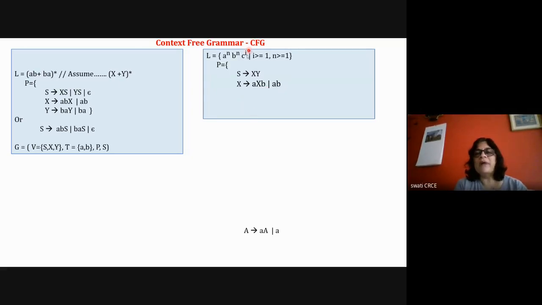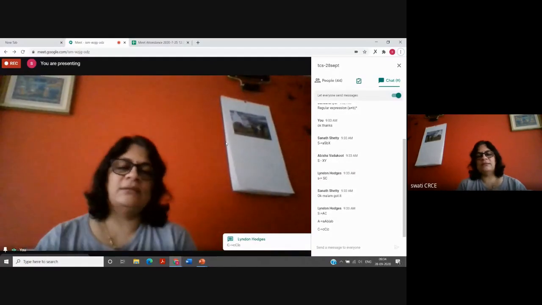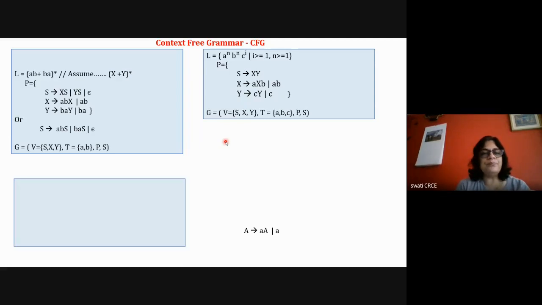And then the Y is C raised to I. Y is going to represent C raised to I. So what will be the value of Y? Y will be CC for any number of times, correct. Okay, so Y will be CY or C, and this will be the answer, S, X, Y. These are the variables.